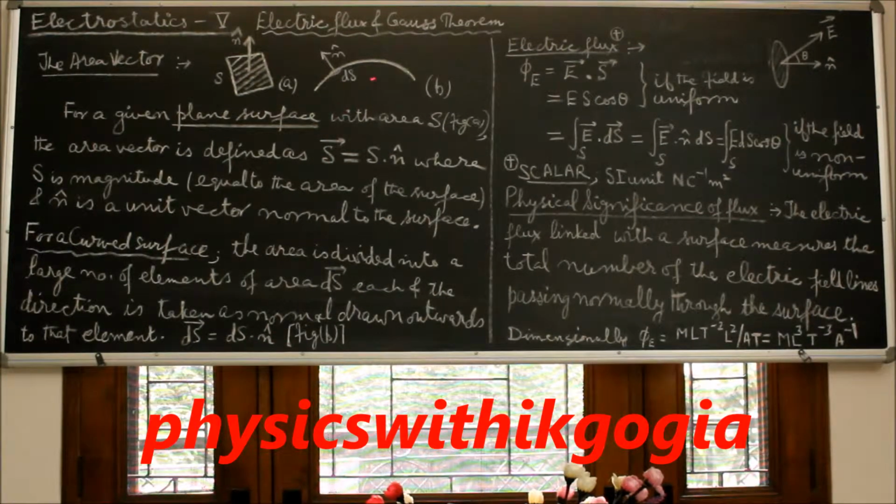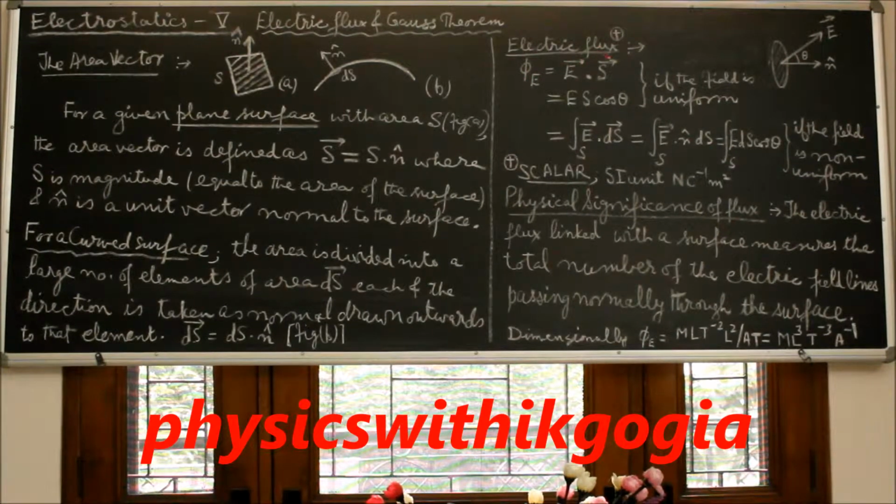So one thing should be remembered here: if you take the elementary area here, it will have a different direction. At this point it will have a different direction. So the unit vector n for each element ds area is in a different direction.